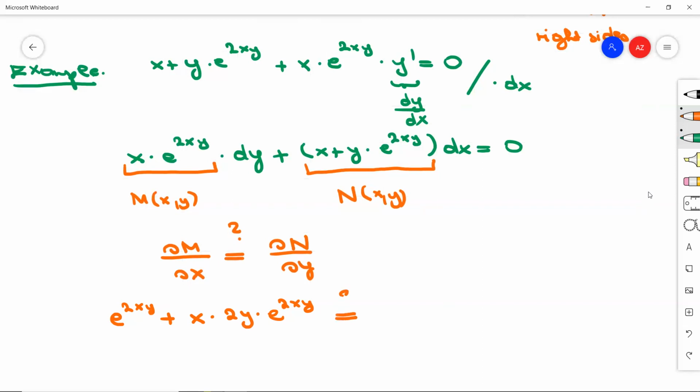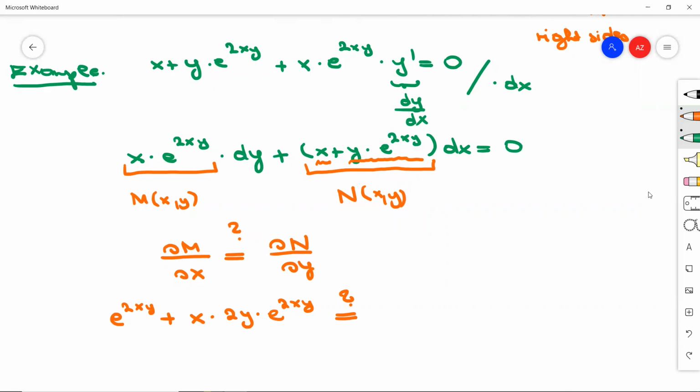And on the right side, we have the derivative of M with respect to y, where the term x disappears, and the second term is in fact the same form, only x and y are swapped.